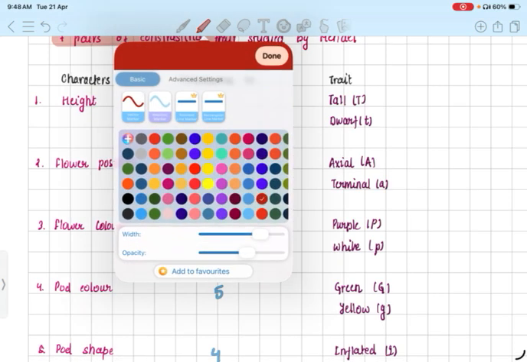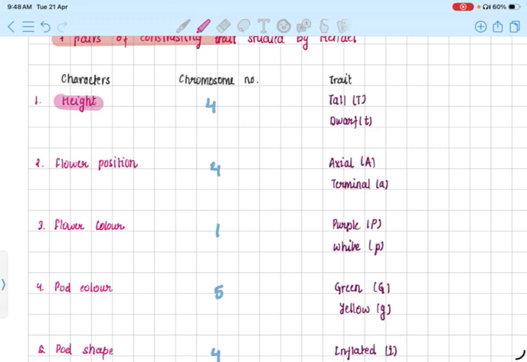Plant height, in which he used two traits: tall and dwarf. Tall I have written in the bracket as capital T, and dwarf as small t.